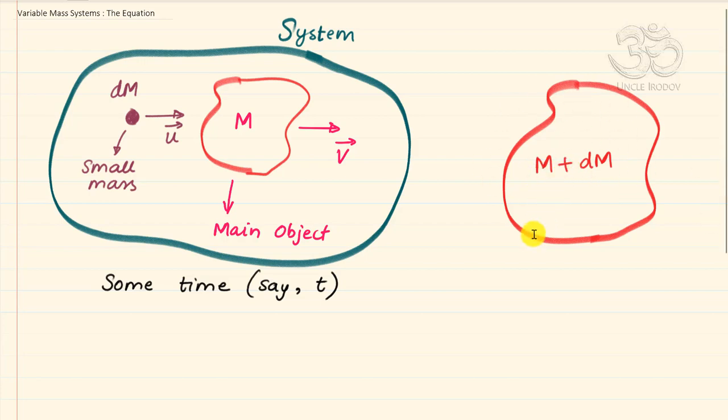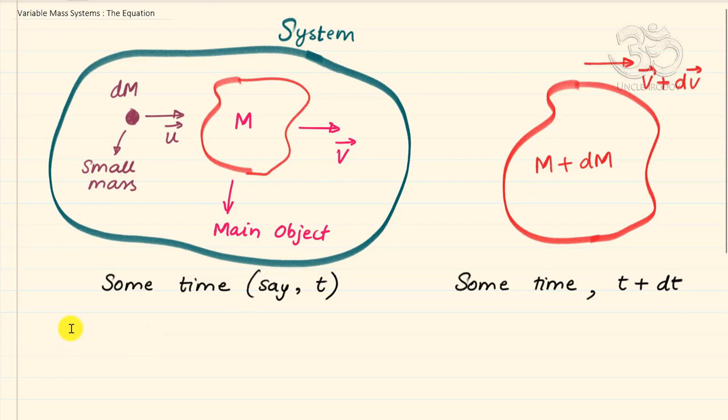As a consequence of the hit, the main object has a change in its velocity, let us say dv. So at this instant its velocity is v plus dv, again with a vector sign on top, so that we can deal with any kind of situation that arises. And this entire thing is at some time t plus dt. Let us then see what equations we can write.